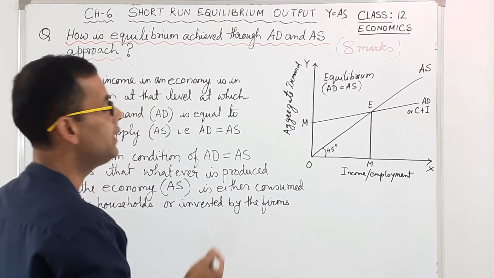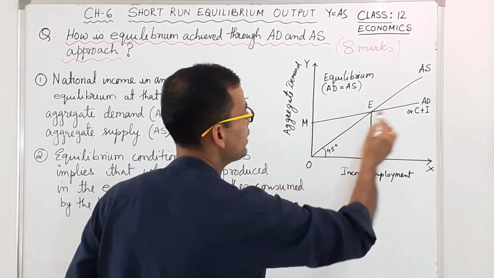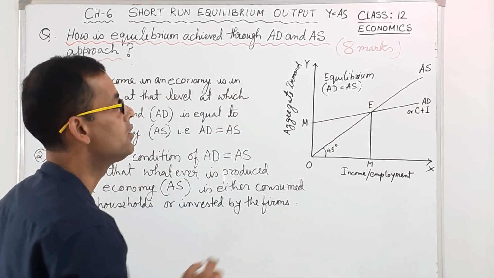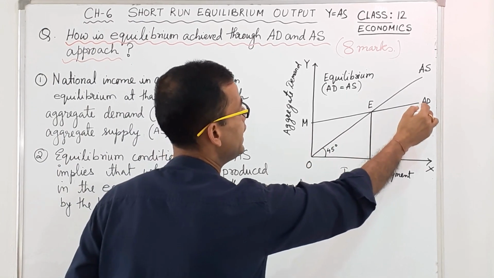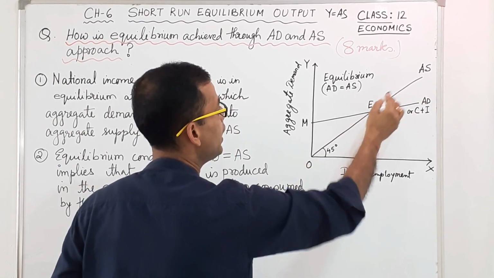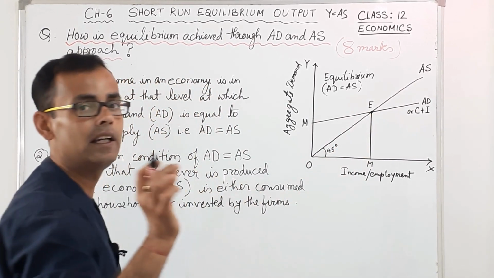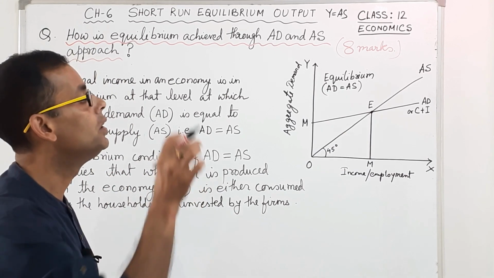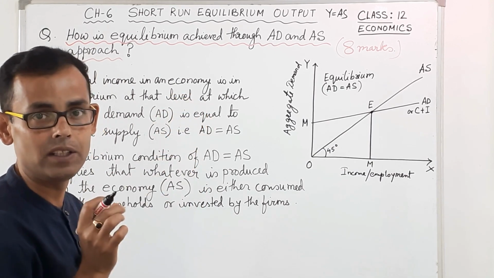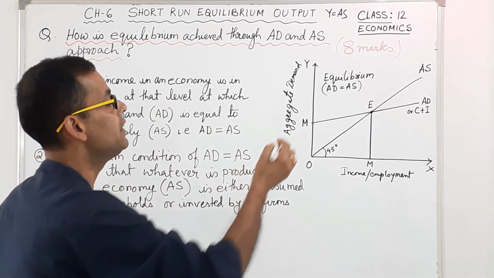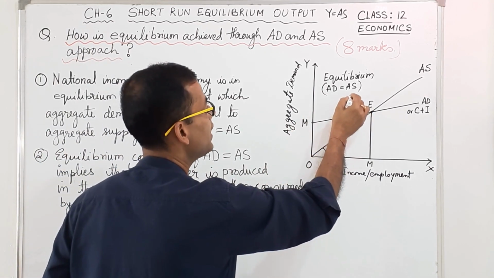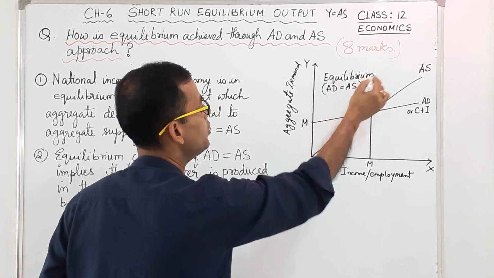Then the aggregate demand, you can see this one. Aggregate demand is AD, and aggregate demand and aggregate supply, where are they meeting? At this point. This point is the intersection of AS and AD, and this point is known as the equilibrium.